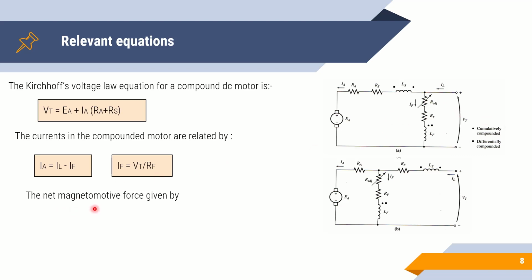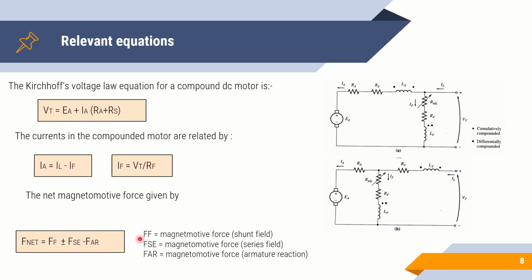And the net magnetomotive force is given by F net equals Ff plus or minus Fse minus Far. What are those three? Ff is the magnetomotive force of the shunt field, Fse is the magnetomotive force of the series field, and Far is the magnetomotive force of the armature reaction.